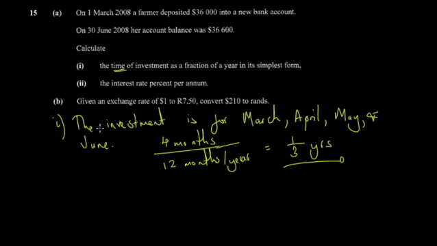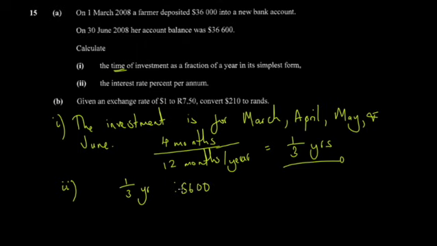On the second part, you're asked for the interest rate percent per annum. Here the interest rate corresponds to 1/3 year, so you can use a simple proportion. For 1/3 year, the interest is 36,600 minus 36,000, which gives 600.